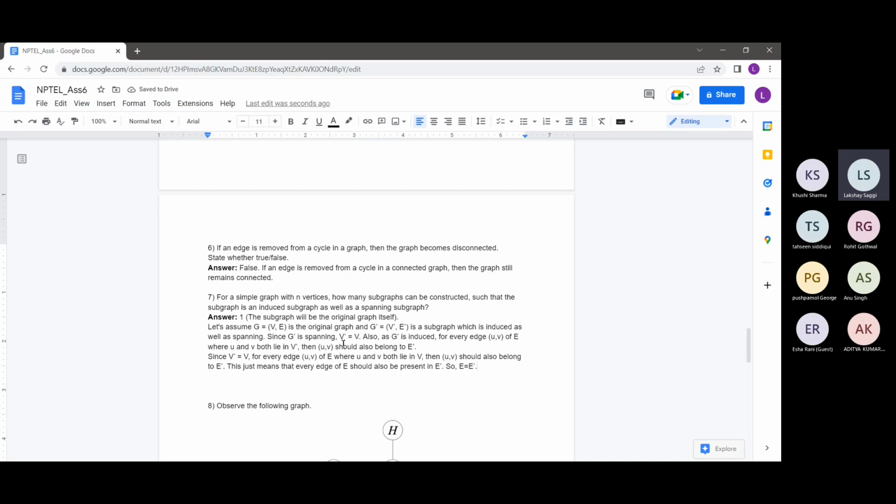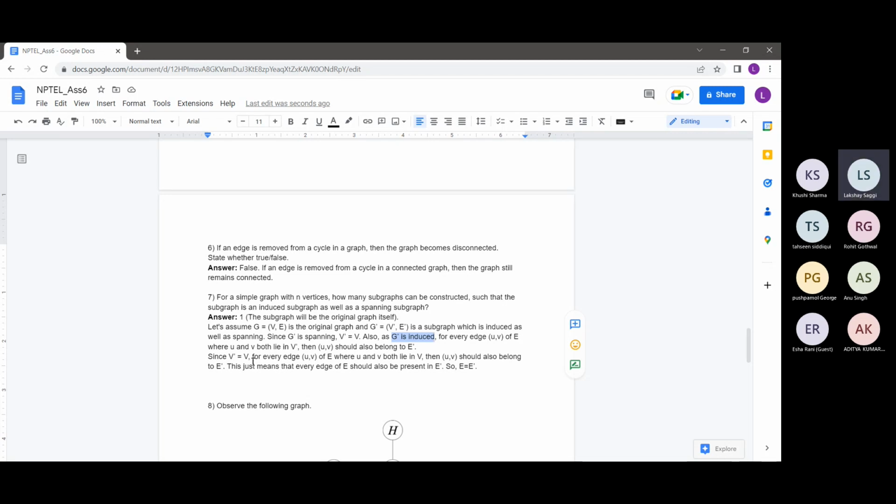So we'll basically get this sort of scenario. We first took the definition of spanning subgraph, and from that we got V prime equals V. Then we took the definition of induced subgraph, where every pair of vertices in the subgraph should have an edge if they have an edge in the original graph.